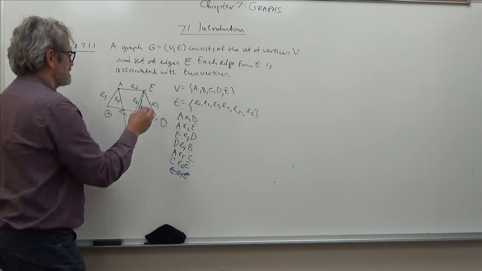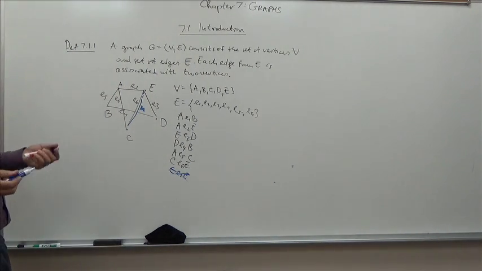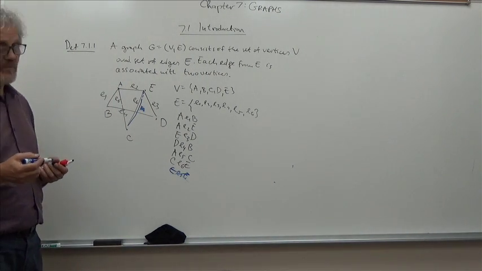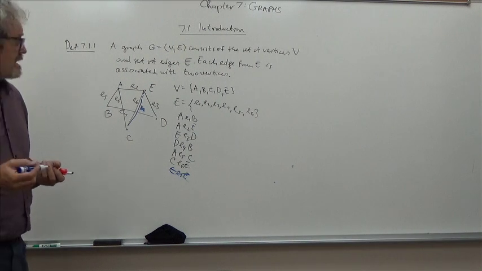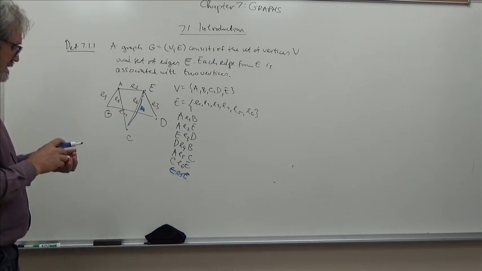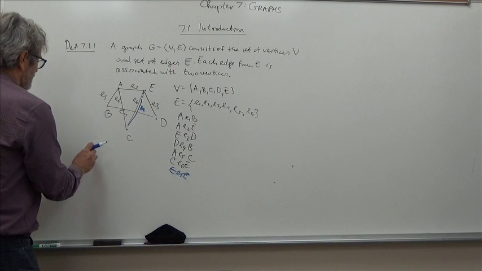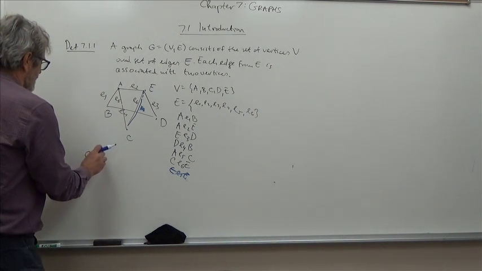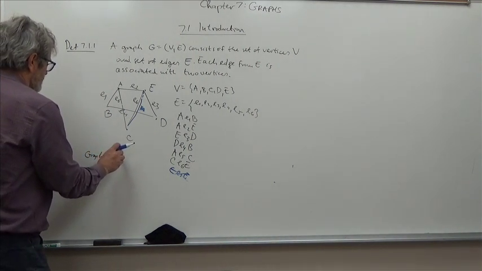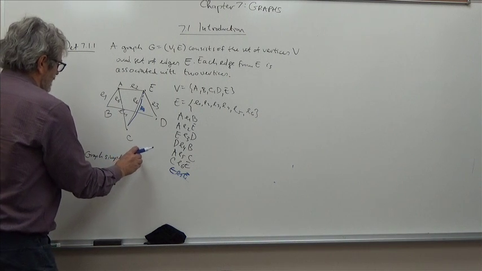This is just not in the listing. In that case we say that we have multiple edges, and if that doesn't happen, then we say that the graph is simple. So simple means no multiple edges.